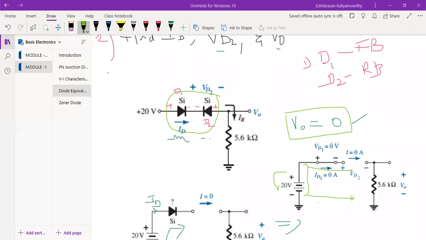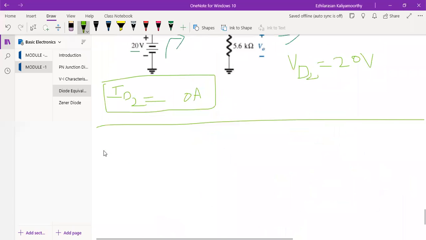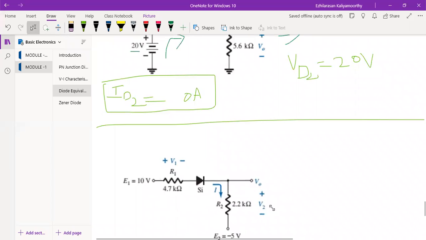So now I will give one small numerical. Let you find the answer for this. So this is the numerical now.